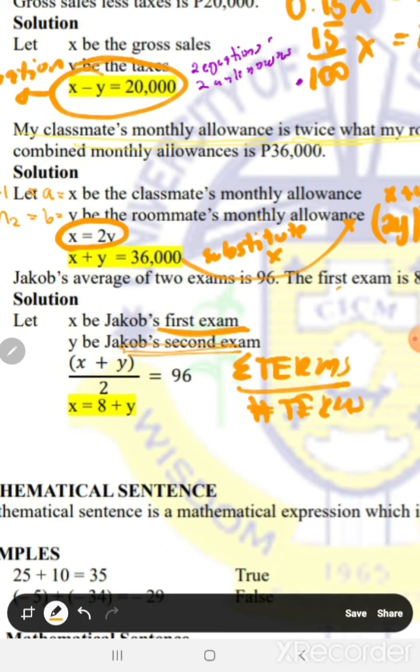X plus Y. It is not necessary that they are consecutive. Take note that your X and Y are any numbers that are different. They are not equal. If it was stated equal, therefore we may say that your X is equal to Y. Therefore, 2X over 2 is equal to 96.